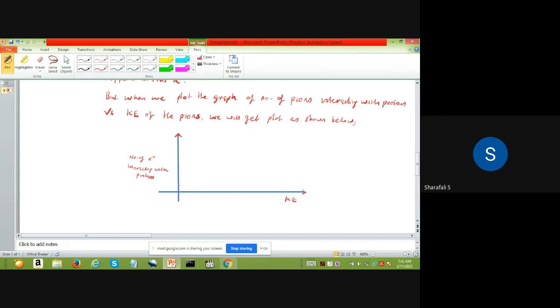If you plot this graph, it will come out like this.